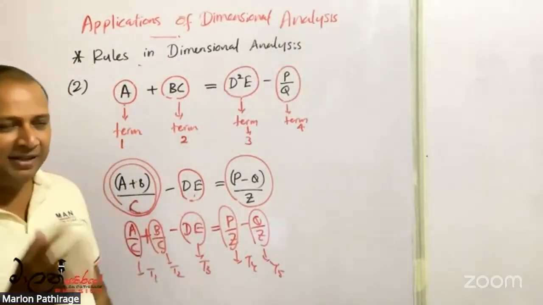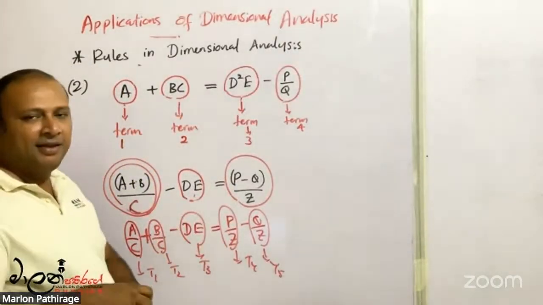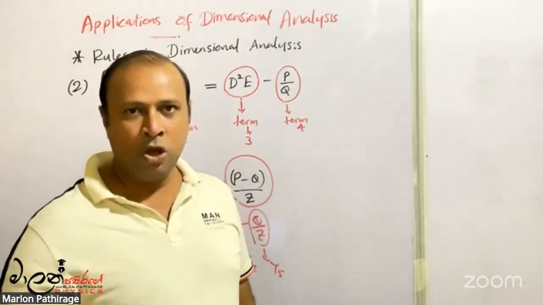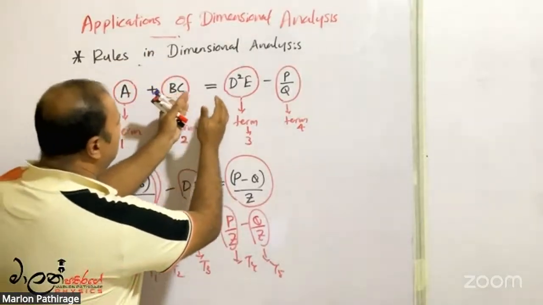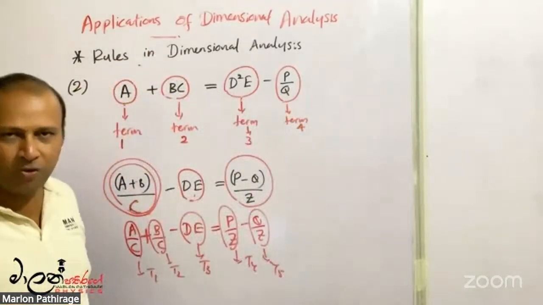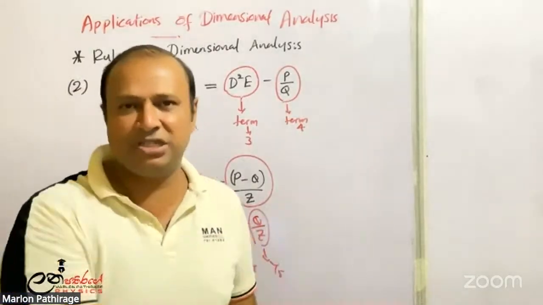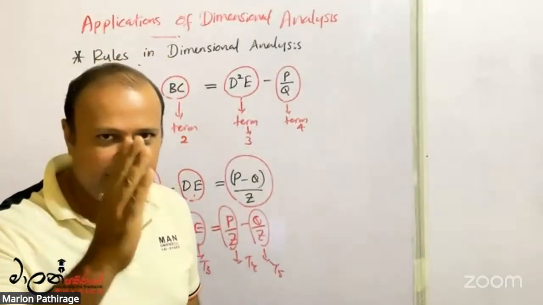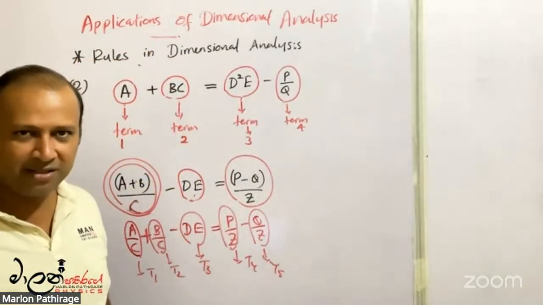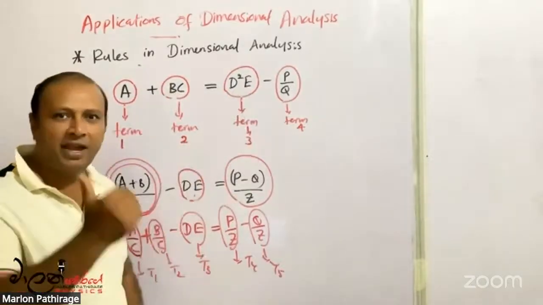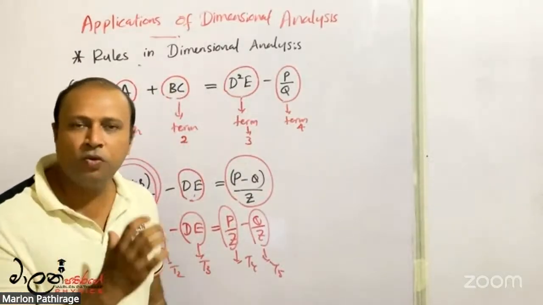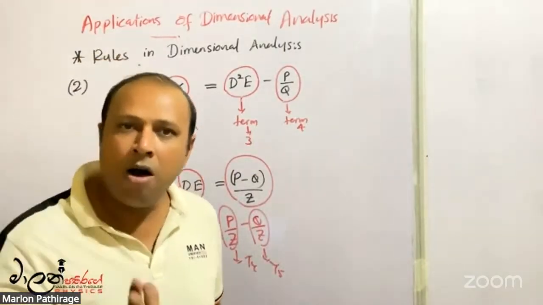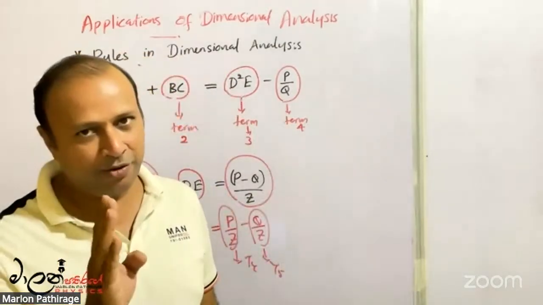Therefore, on the other hand, if there is an equation, all the terms in the equation should have same dimension, because addition or subtraction can be done among two same physical quantities. According to that rule, all the terms in an equation should have same dimension.